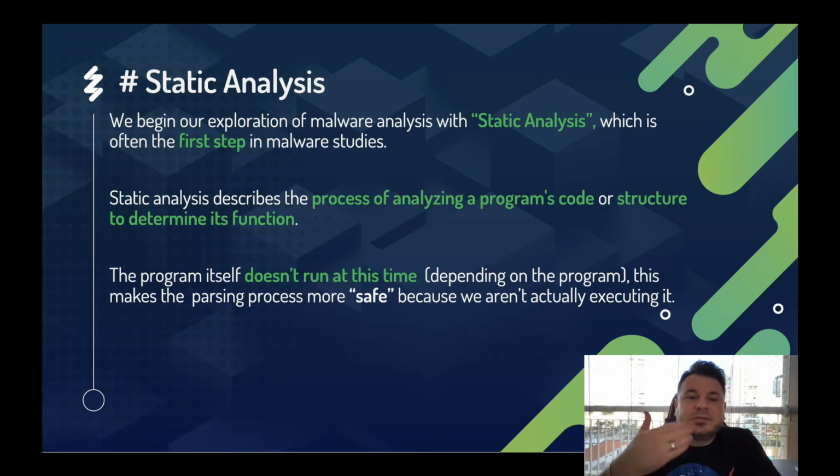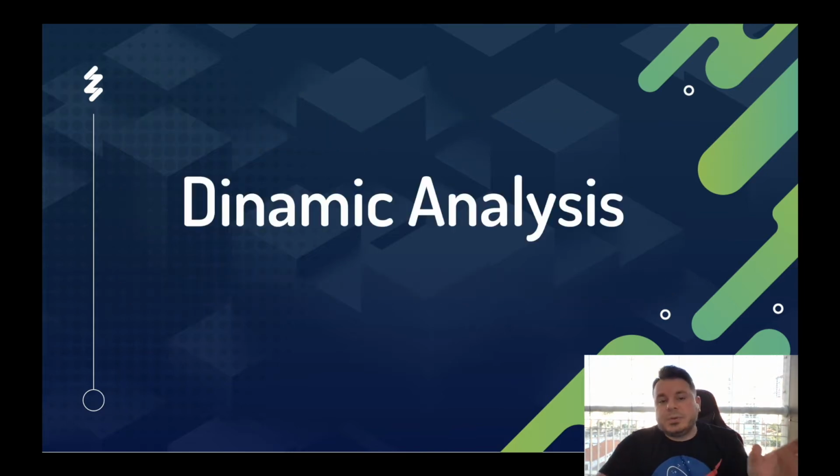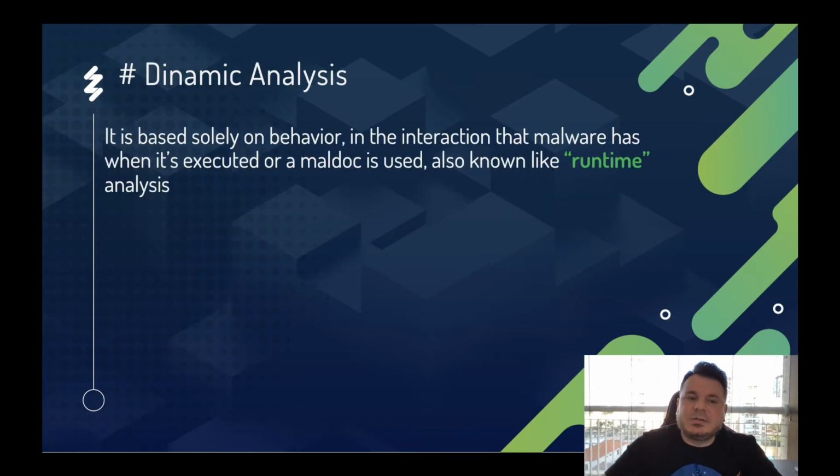Usually it is the first step in a malware study, used by malware analysts. Dynamic analysis, on the other hand, is different. It is based solely on behavior, on the interaction the malware has when it is executed, also known as runtime analysis.